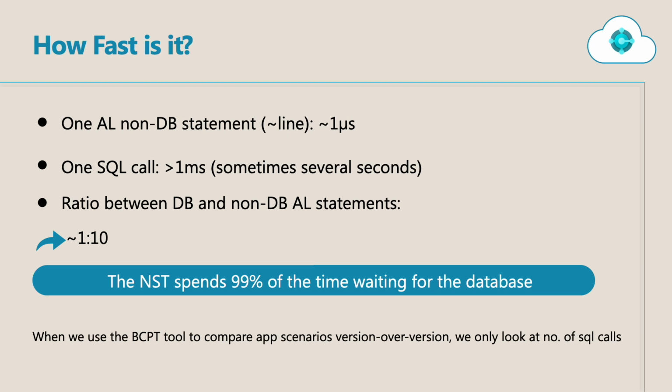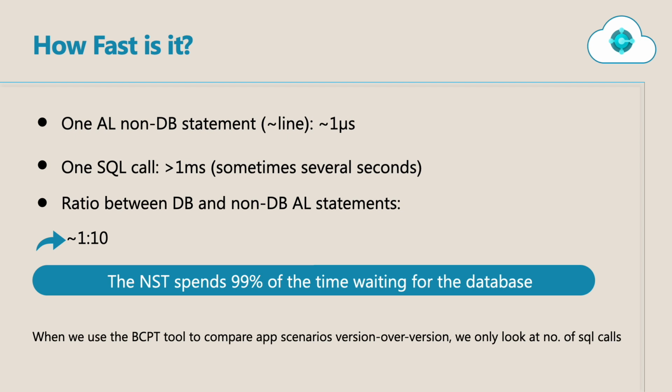That means 1 million lines per second. That's really fast. And these are even advanced statements like calculations or assignments. Then we have SQL calls, and at best they are 1 millisecond. Often it's seconds, full seconds. But even a millisecond is 1,000 times a microsecond, right?